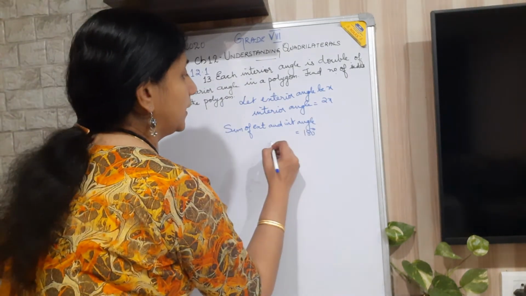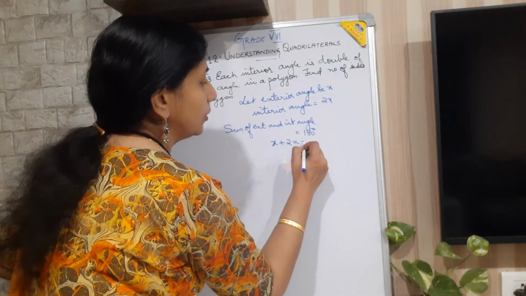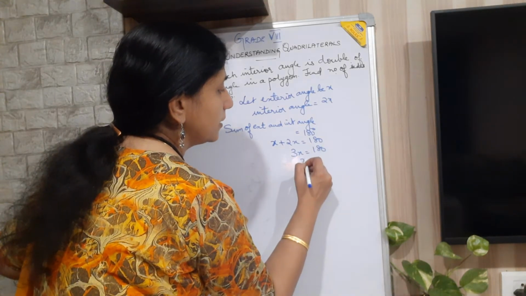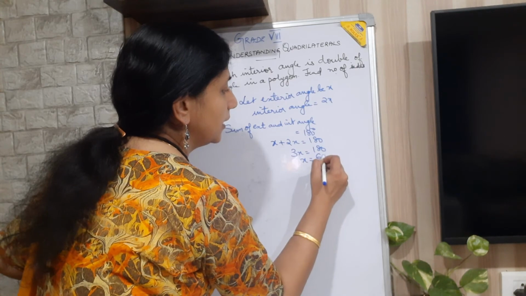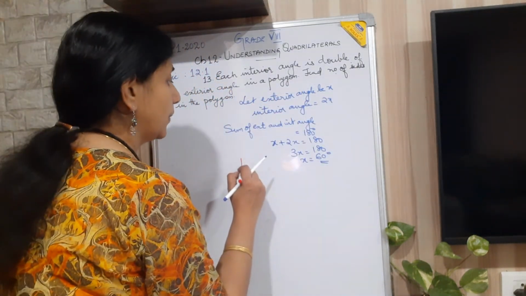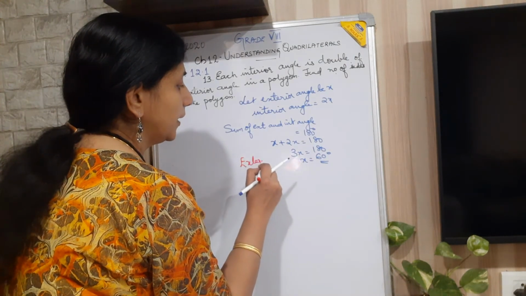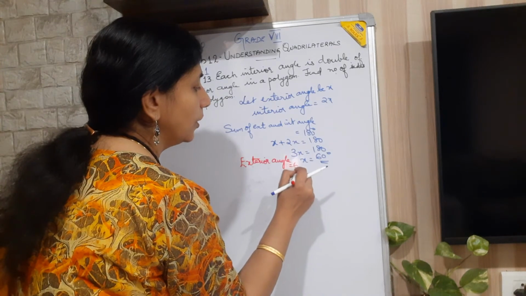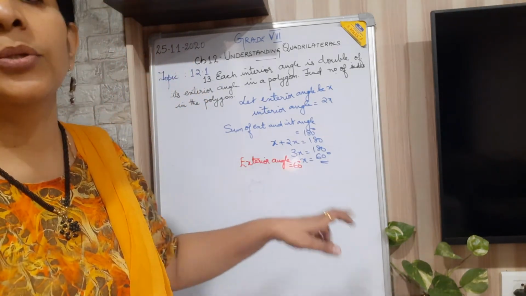So that is x plus 2x will be equal to 180. So 3x is equal to 180. So what about x? X is equal to 60 degree. What is x? X is the exterior angle. So exterior angle, you got it as 60 degree.